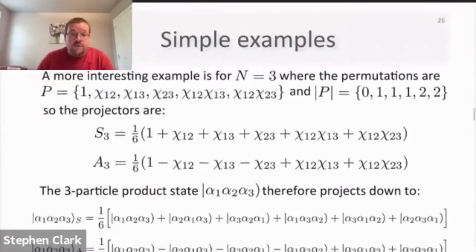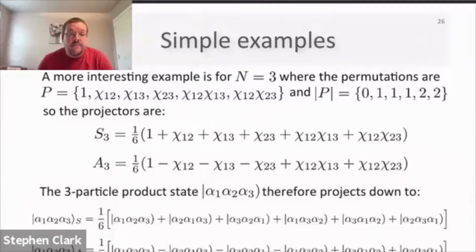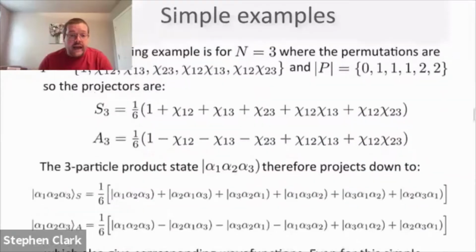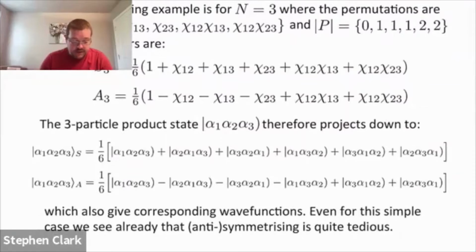What about a slightly more tricky example? What about 3? This shows you already for 3 particles, life gets a bit more complicated. We now have 6 different terms in our symmetric and anti-symmetric projection, and they have these different orders. If you put 3 particles in 3 different states and you symmetrize it, you get this big long list of different permutations.